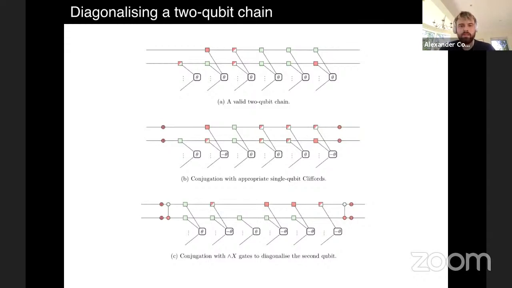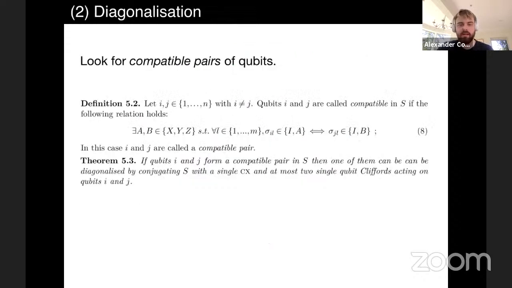So given this, we can verify that the two qubits at the top are a compatible pair.